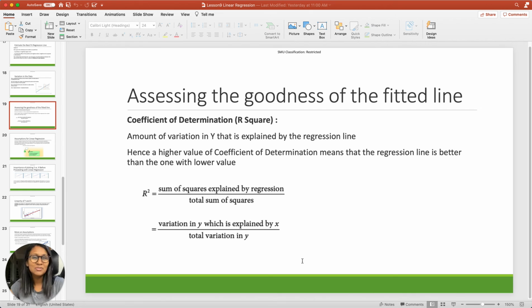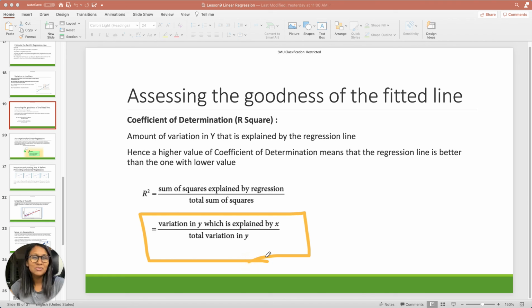If we are able to explain a higher proportion of that variation, then our model is a good model. And a model that is able to explain a lower percentage of that variation is a worse off model. Here's how we represent that. The variation in y that is explained by x divided by the total variation in y is your R square.